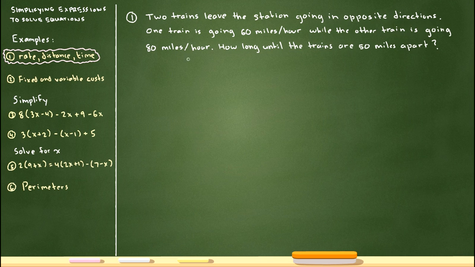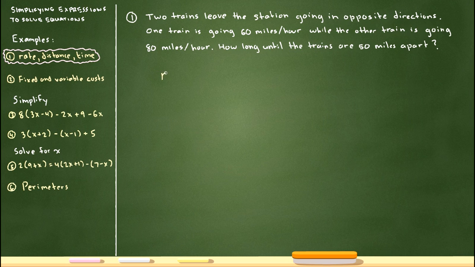In problems like these, it's important to recognize what type of information we're dealing with. Obviously on the left I wrote rate, distance, and time. So you want to think, do you know an equation that may relate rate, distance, and time? At this point, I hope you do.